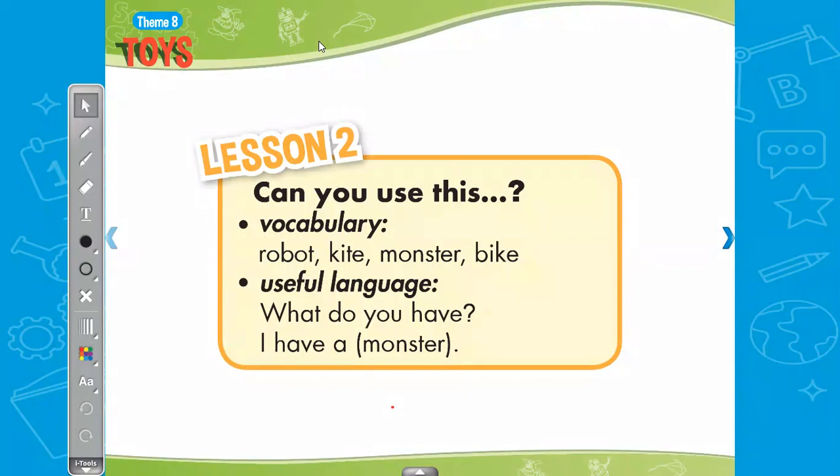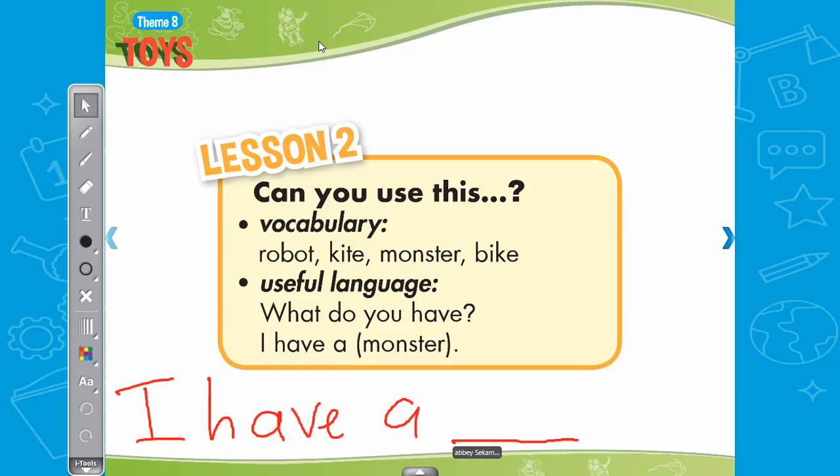However, this week we are going to describe what we have. For example, you will say, I have a dash, let's say you have a monster. So this week, I want us to describe what our monster looks like or what our toy looks like.